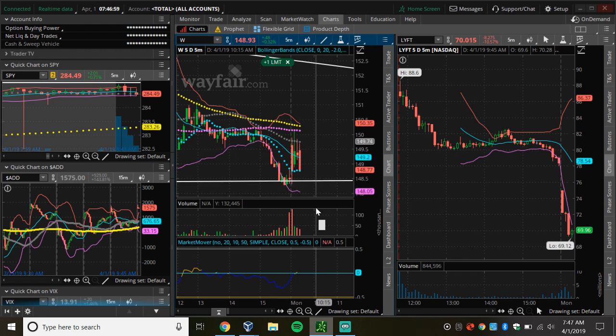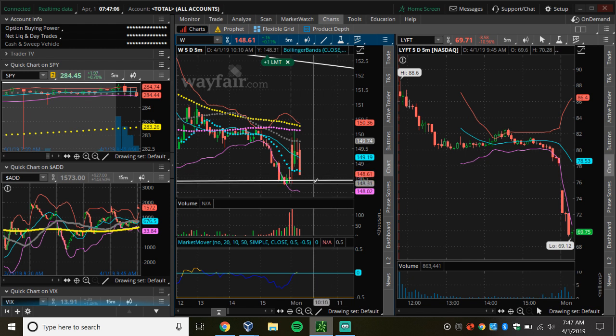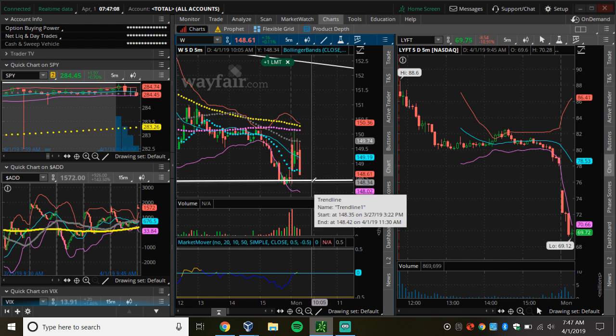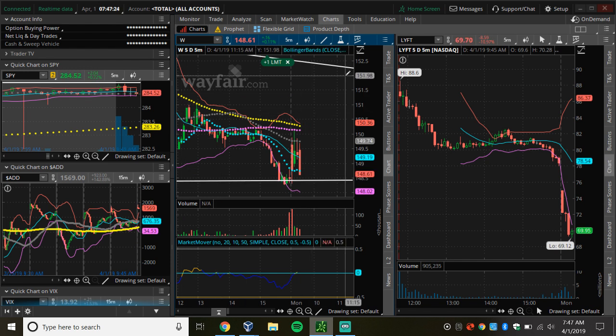We got a little something. 148.60, about to retest those lows from last week. Great setup still. So we're getting close to my entry point. Still not in the money. I probably could sell it for 190, maybe get filled. We'll see. We want to see 148.40 be taken out.